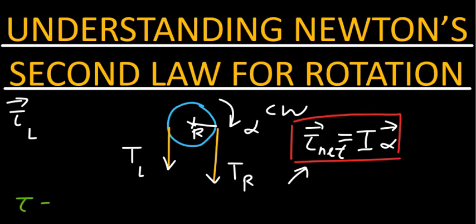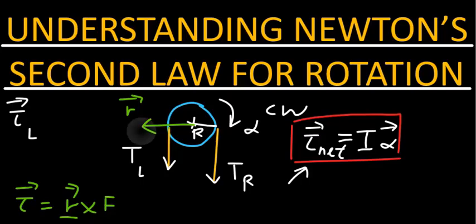Remember, torque is defined as the vector r cross the force. So in this case, the vector r extends from the axis of rotation to where the force acts, so in a leftward direction. And the force, as we have shown, is downward. If you were to curl your right hand fingers from the vector r to T_L, your thumb would point out of the plane. So that is the direction of this torque, out of the plane.